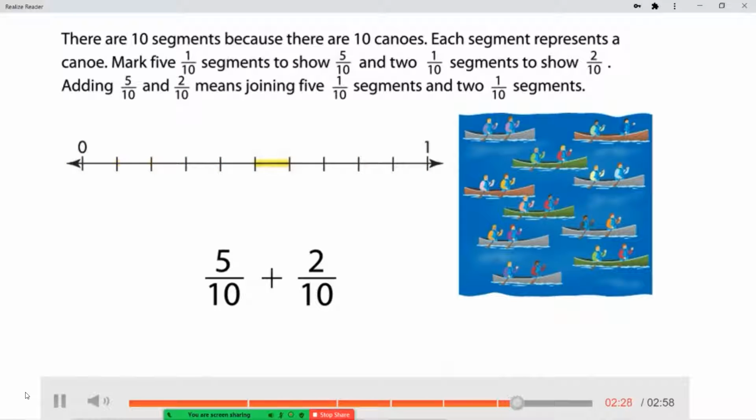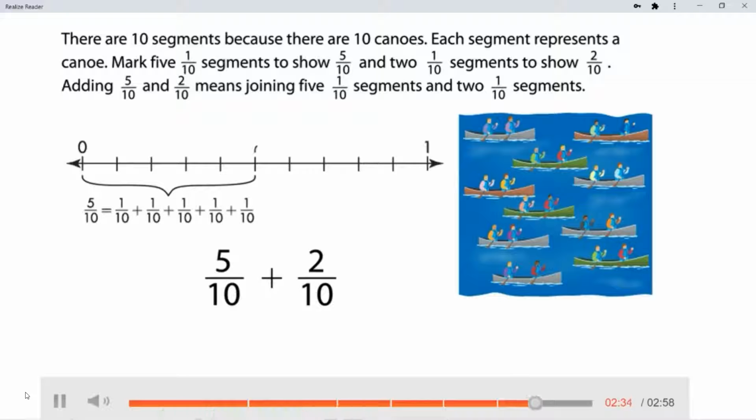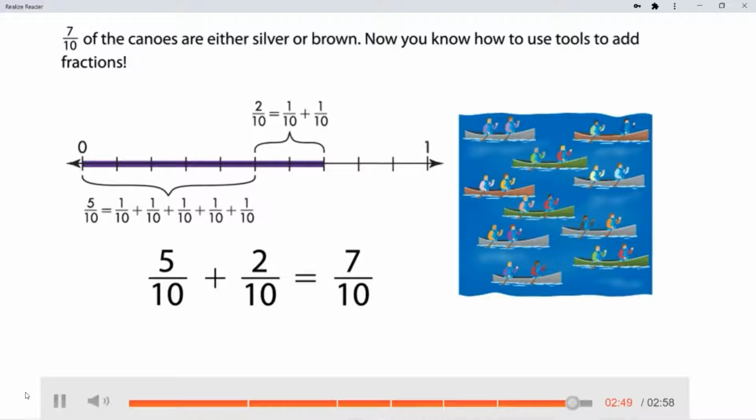Each segment represents a canoe. Mark 5 1/10 segments to show 5/10 and 2 1/10 segments to show 2/10. Adding 5/10 and 2/10 means joining 5 1/10 segments and 2 1/10 segments. 7/10 of the canoes are either silver or brown. Now you know how to use tools to add fractions.